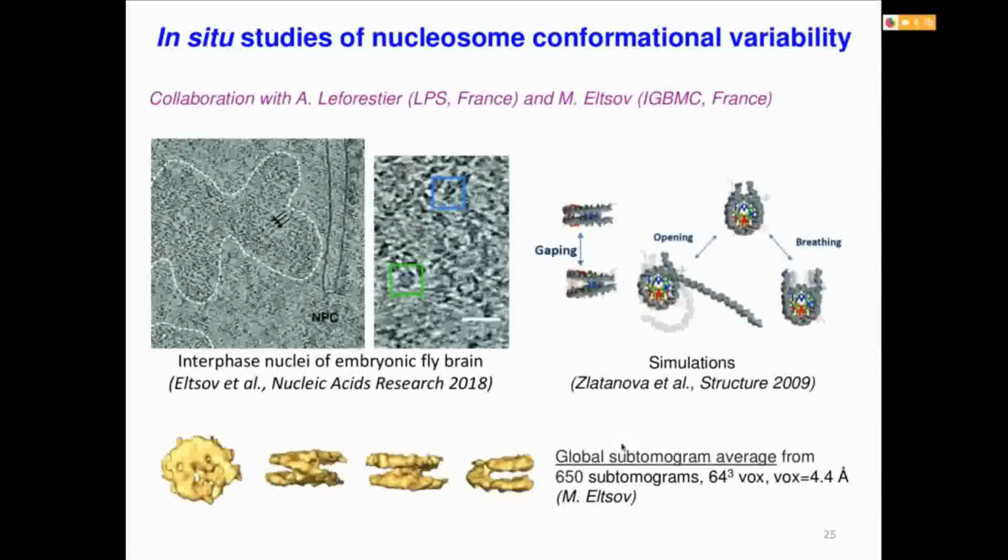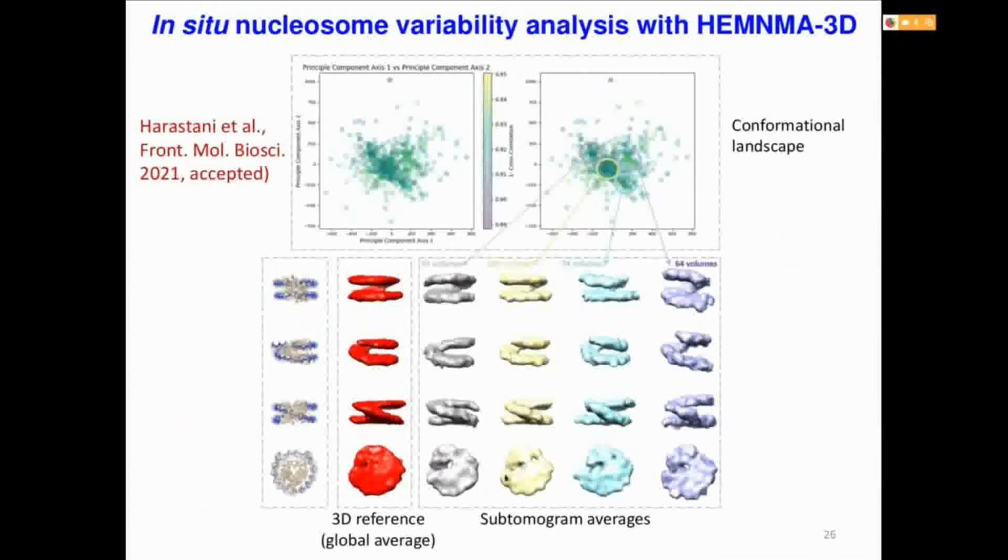So we took their subtomogram average obtained from 650 subtomograms using classical subtomogram averaging. Here you see the model that has around 2 nanometer resolution, 4 views of the model of this density.